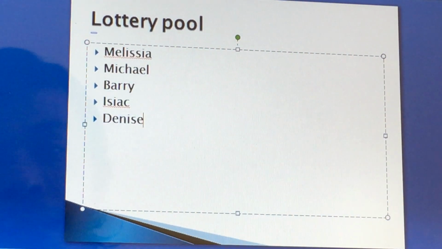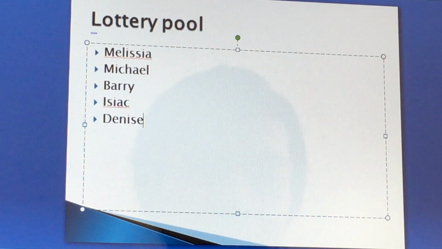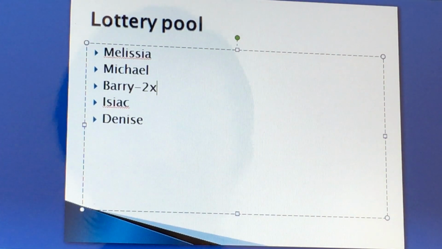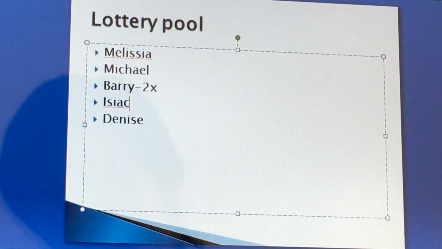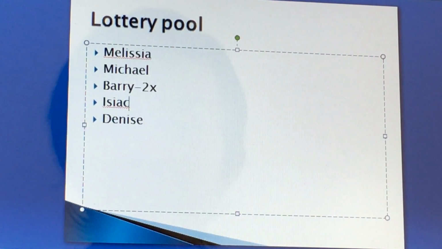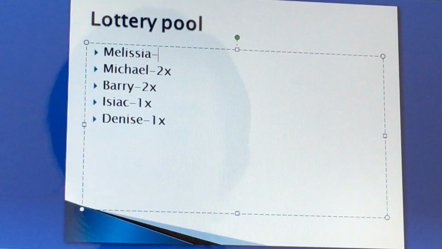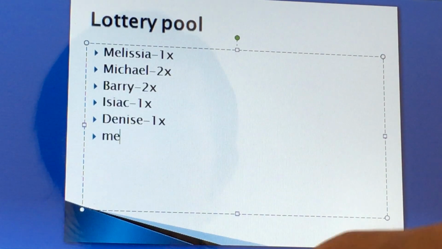Denise in the pool, and that's pretty much about it. So we have 5 people in the pool, and let's see how many. Barry, you put 2 shares in the pool, and you put 1, you put 1, and you put 2, and then you put 1.